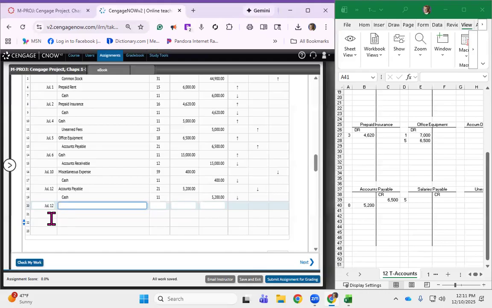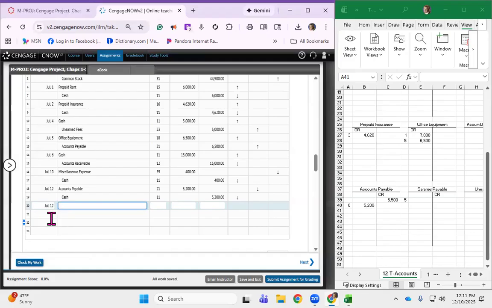I've also got a highlighter. So every time I put in an amount, I'm going to highlight the amount on my printout so that hopefully I'm paying better attention to the amounts of each transaction.